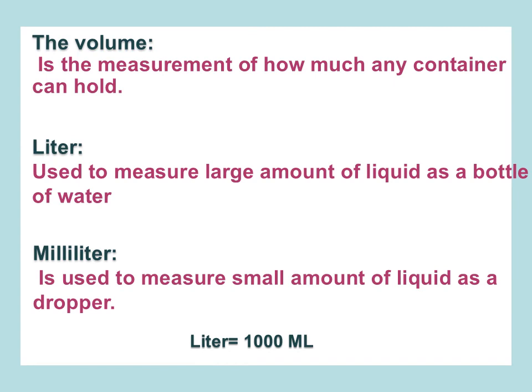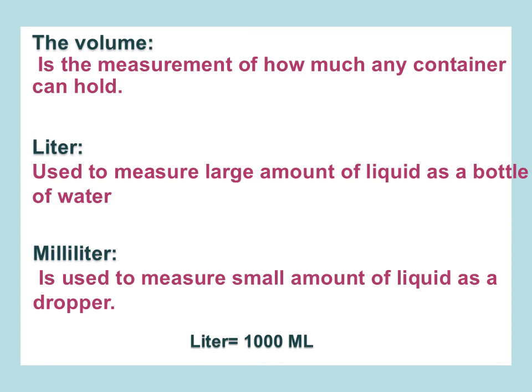Okay, primary 3. Now with the volume. The volume is the measurement of how much any container can hold. And we can measure the volume by liter or milliliter. The liter is used to measure a large amount of liquid, as a bottle of water or a bottle of milk or a bathtub.